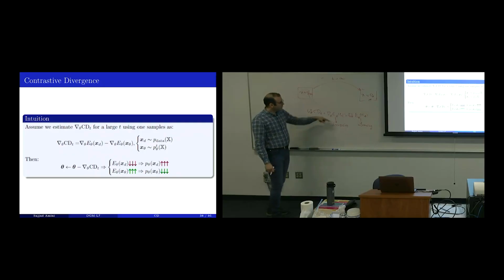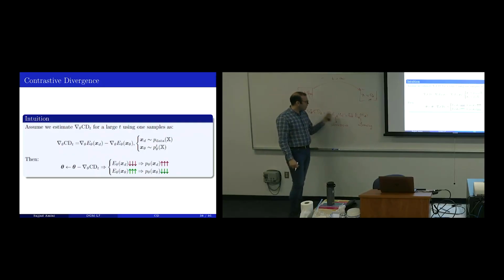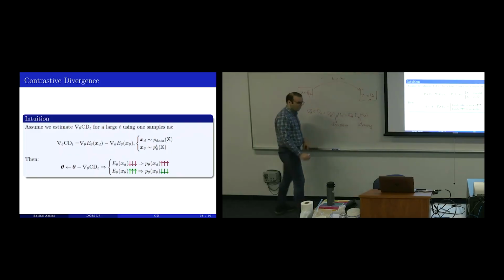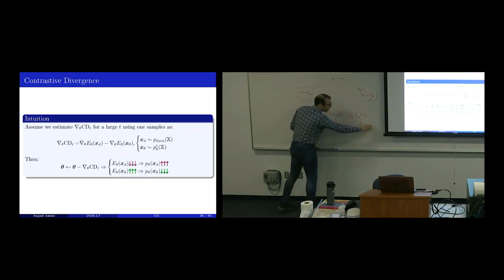Because this is the gradient of energy, you are decreasing the energy because you are going toward the negative of the direction of the gradient at this point. It means that at this point you want to decrease the energy, and at this point you want to increase the energy. Okay? So in terms of energy, you are doing these two operations.